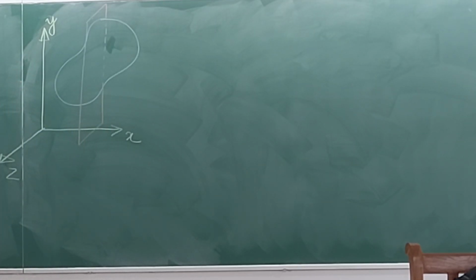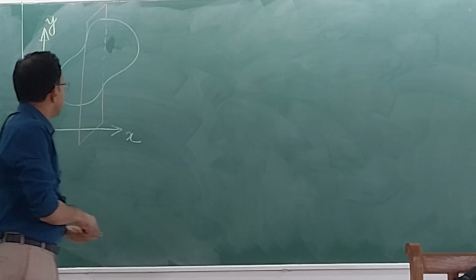What is so special about this cutting plane? It is parallel to the YZ plane, which means that if I expose the region 1, then on that exposed surface, the outward normal will be parallel to the x-axis, right? So let me draw that.